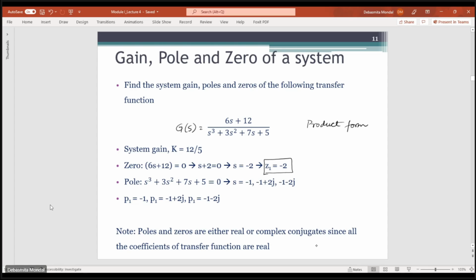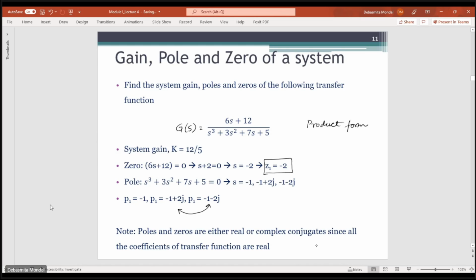So you can see from here that the poles or the zeros of a system can be a real number, or a complex number, or complex conjugates. It is not necessary that a pole or a zero should be a real number. If it is a complex number, then obviously it will be in a pair like this.